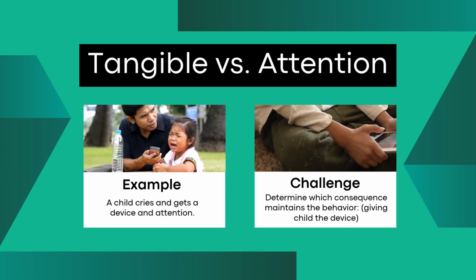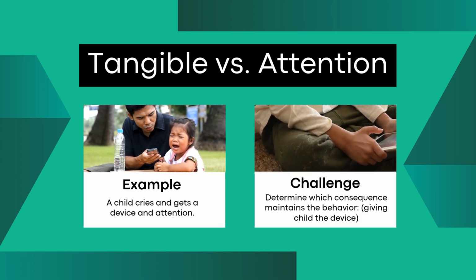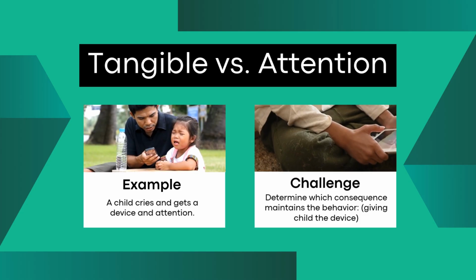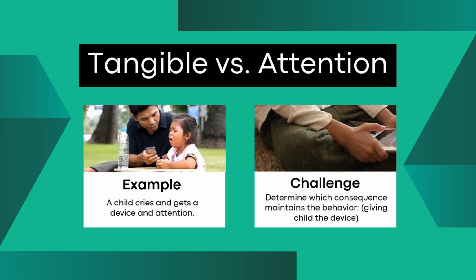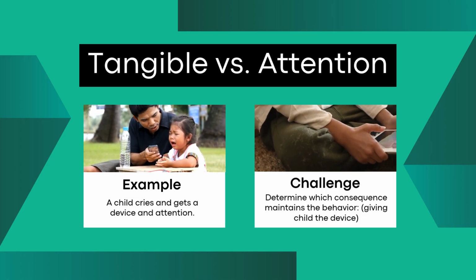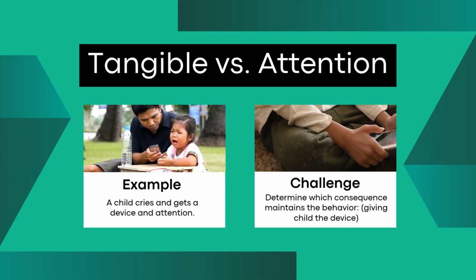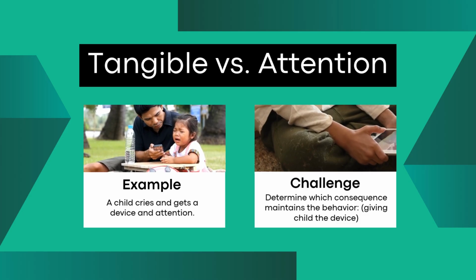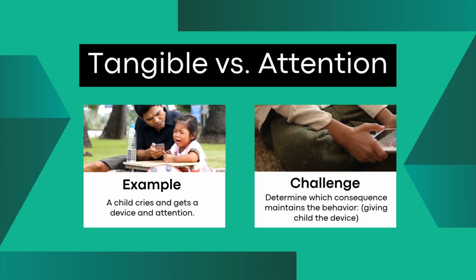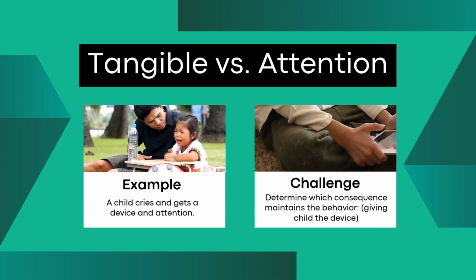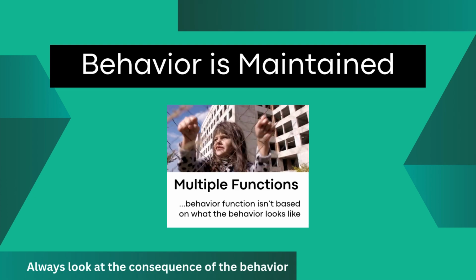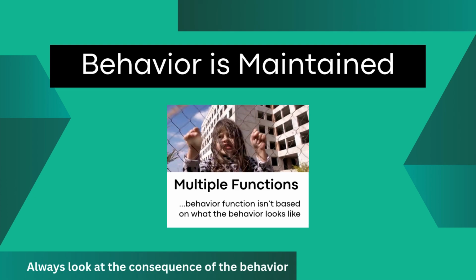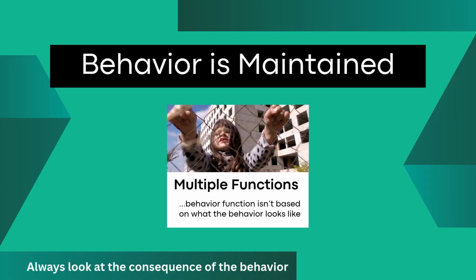So the key here is to look at which consequence actually reinforces the behavior over time. If the behavior continues to happen right before getting the device, the likely function is tangible. If it occurs when the adult reacts or speaks, attention might be the stronger reinforcer. So in a real world setting, behavior can be maintained by multiple functions, and this is a great example.